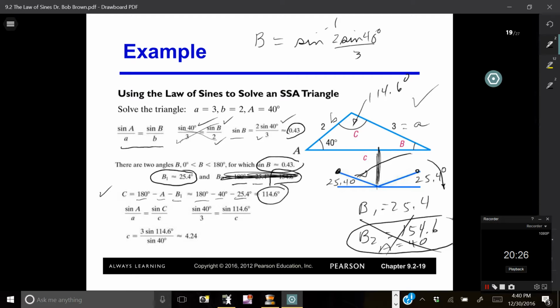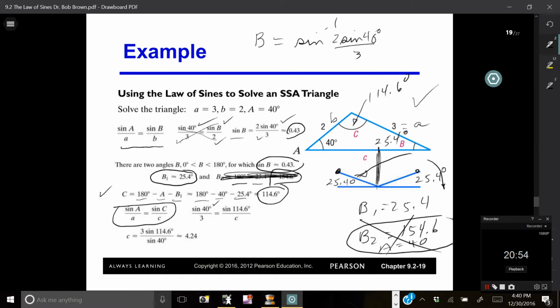And B was 25.4. And now we can solve for c. Notice that sine A over a equals sine of C over c.